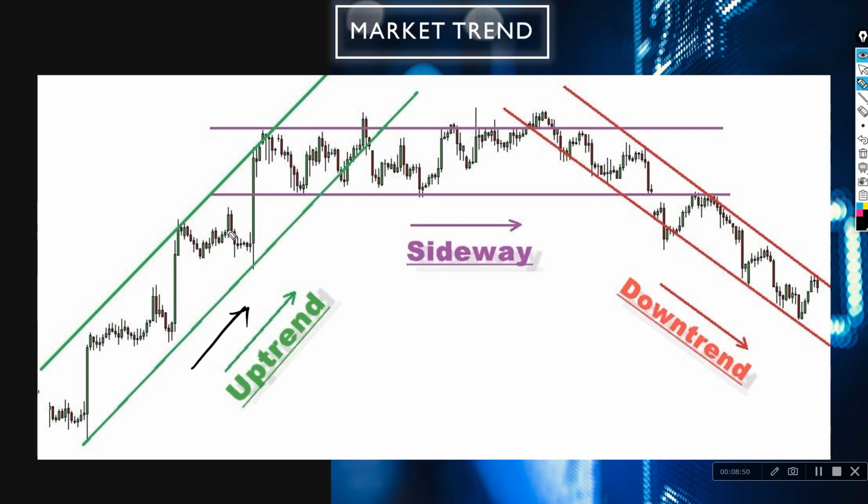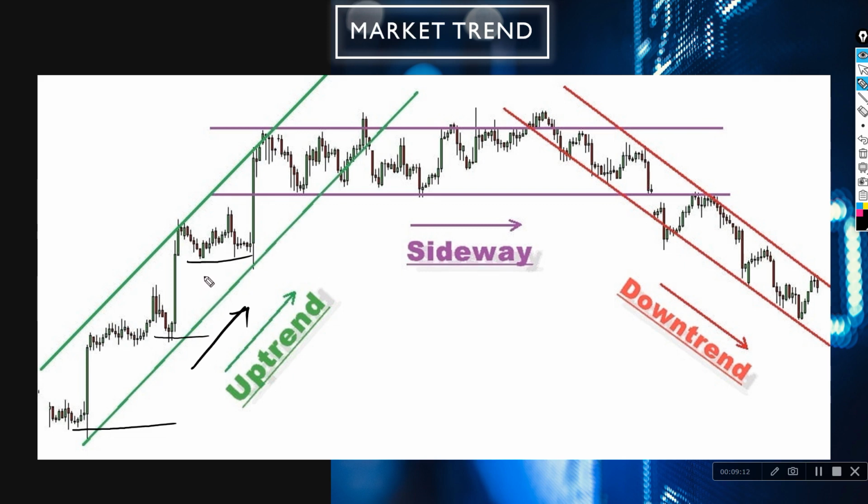But please understand here, uptrends create a support, right? A support in the sense a level which it creates, either this or this, when it moves up. So even if it has to fall, it will prevent it from going back.